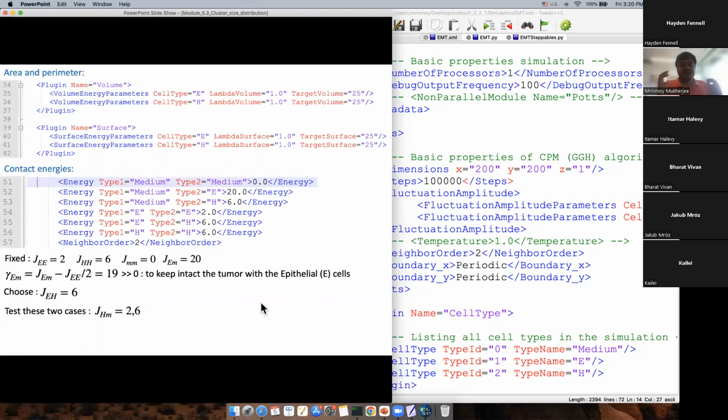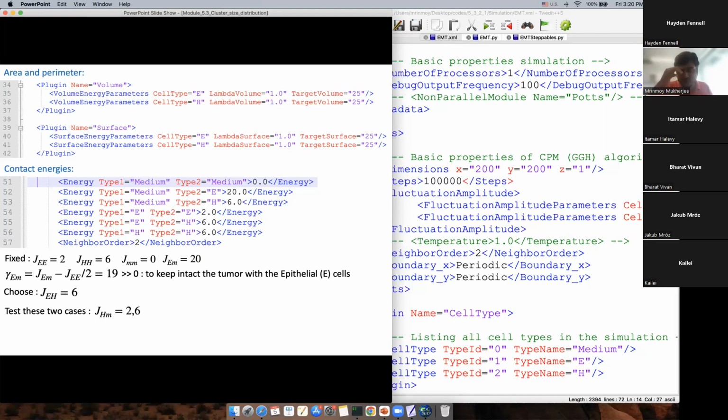Now we have to change the area and perimeter term because we have chosen 5 as the diameter of the cell. So just change the parameter for the volume, and we just choose this lambda strength as 1 for everything, and the target volume and target surface as 25. We'll discuss later what the effect of the target surface will be.